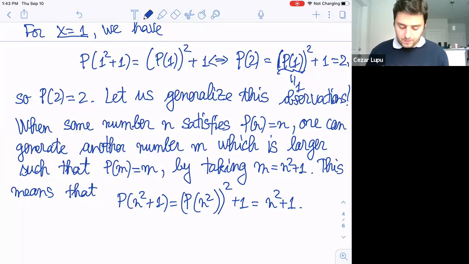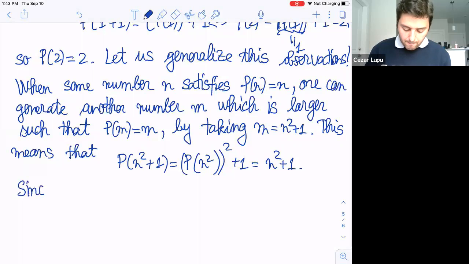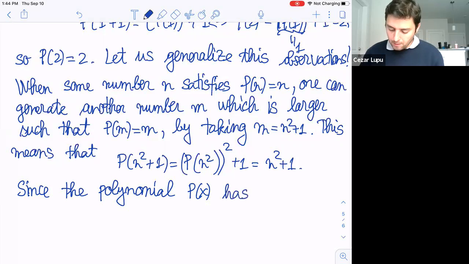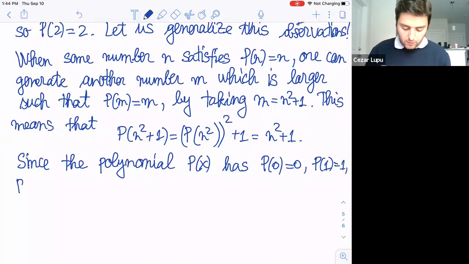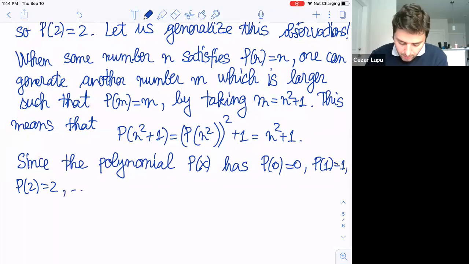Okay, so what does this mean? Let's explain everything here. This means that the polynomial P of x has P of 0 is 0, P of 1 is 1, P of 2 is 2, and we keep going.